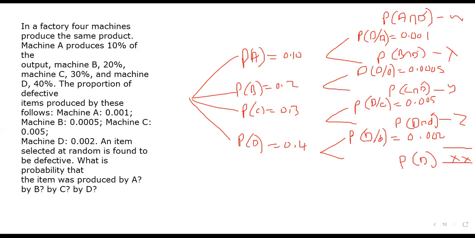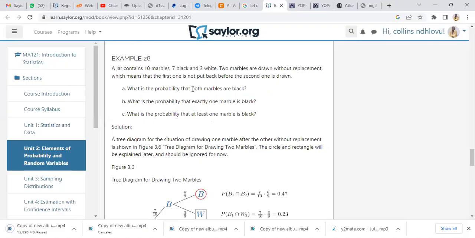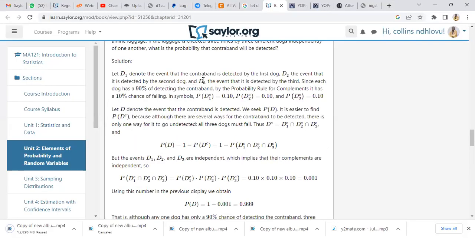So now we can look at the example that we had in class so that we understand this concept properly. In class, he looked at the following two questions: the mambo, example 28, and the contraband.